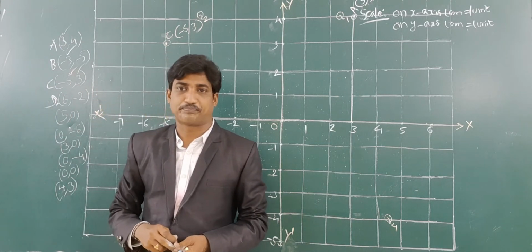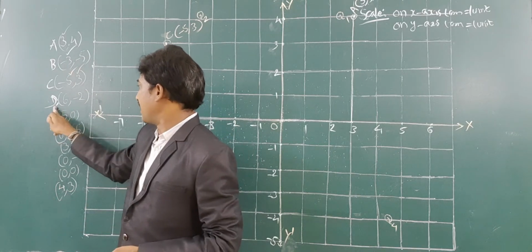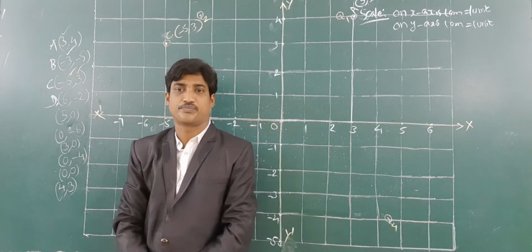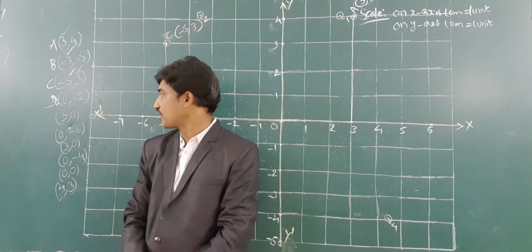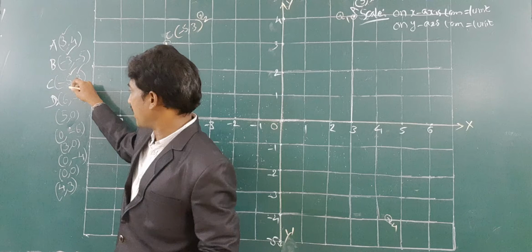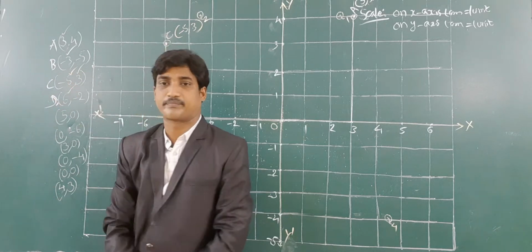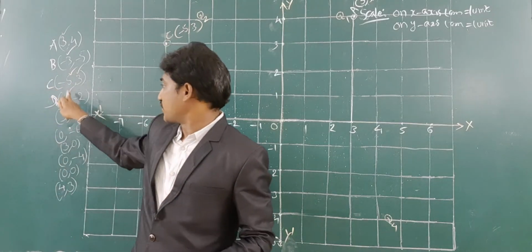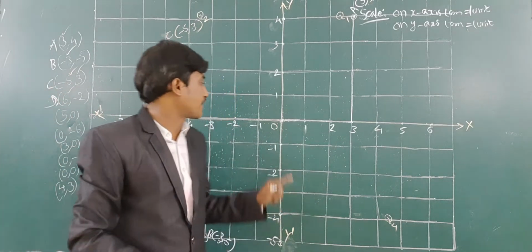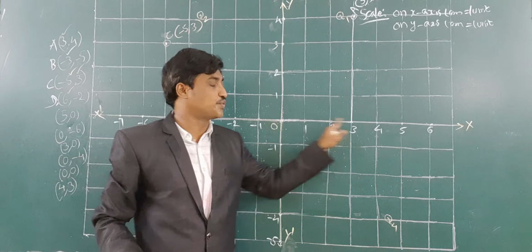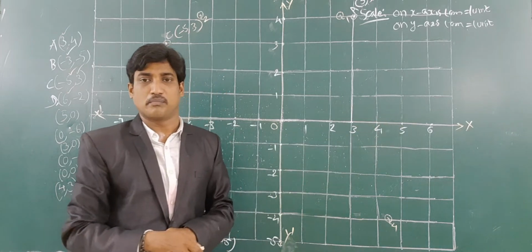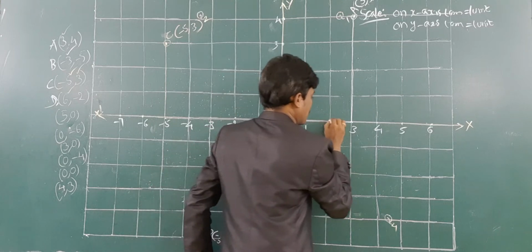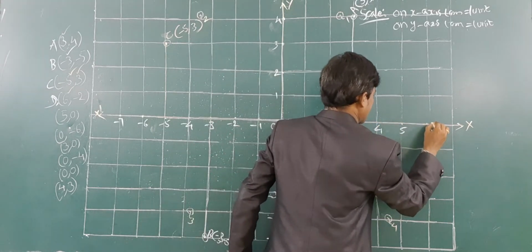Next point, that is D. D is (6, -2). D is the ordered pair (6, -2). Let us plot this point. Here the x coordinate is 6. So 6 is a positive number. Starting from origin, move 6 units along the positive x-axis.